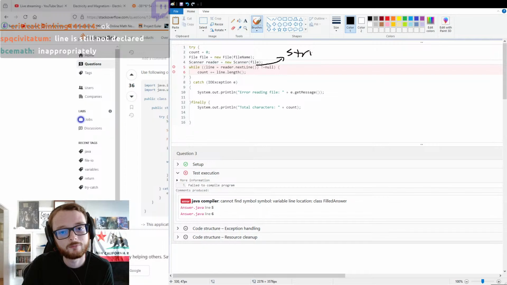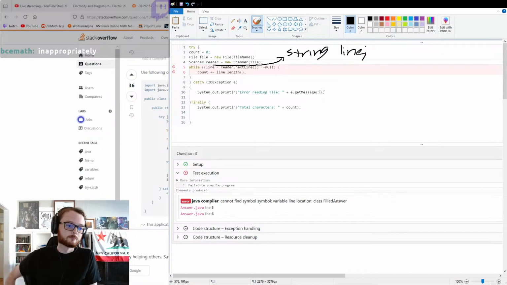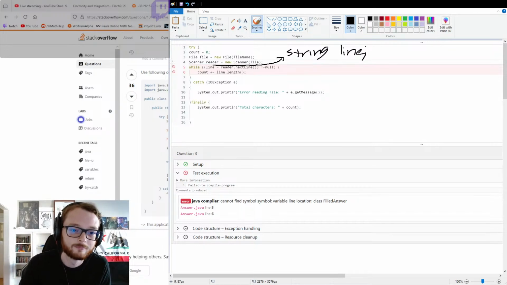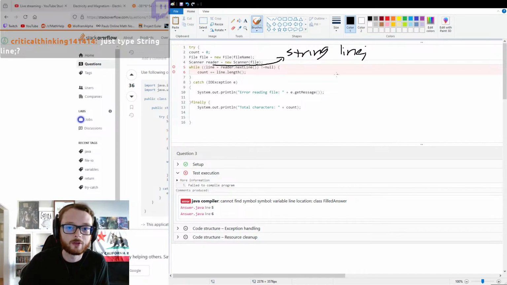Okay, well, insert a string line right above the loop, because you do need to declare line. Yeah, you need to tell Java what data type line is.